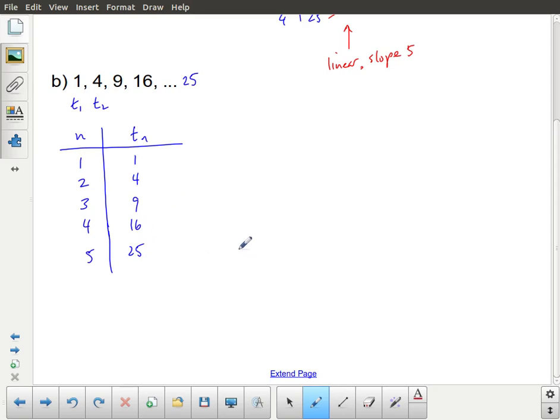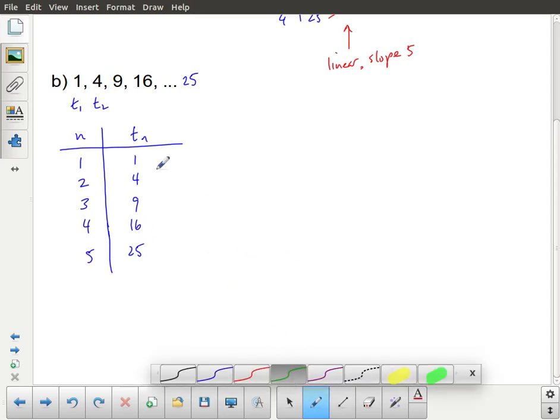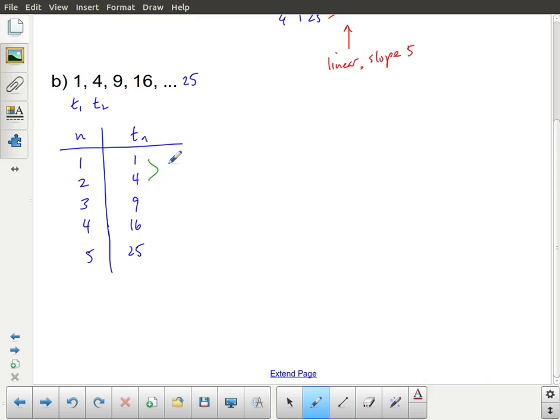Now again, I picked this one to be particularly straightforward. Let's take a look at our first differences. There's 3, and then 5, and then 7, and then 9. So those are not the same for delta y. What about our second differences? 2, 2, and 2.